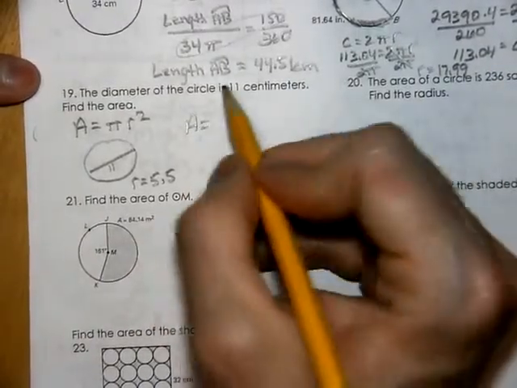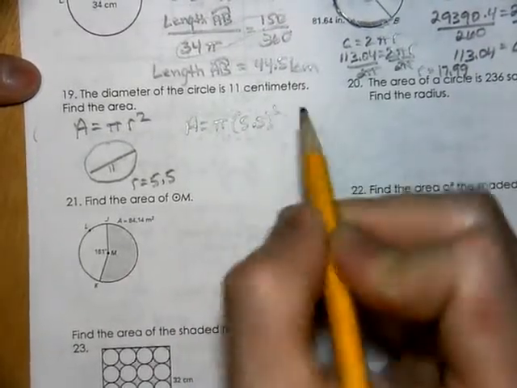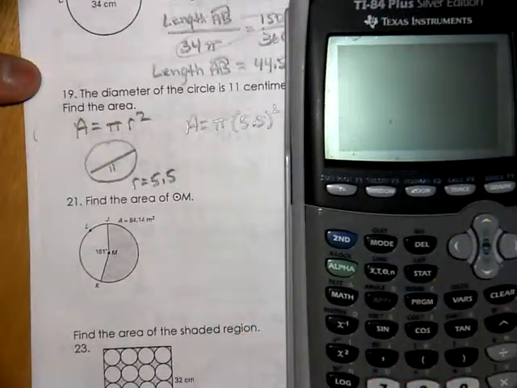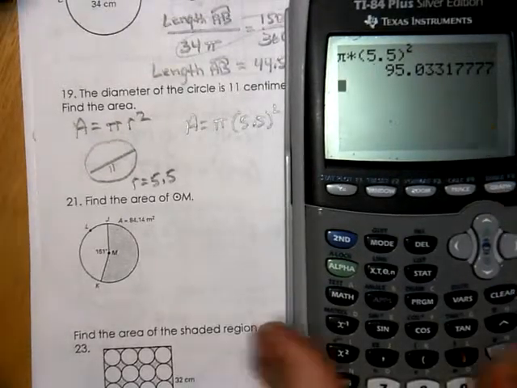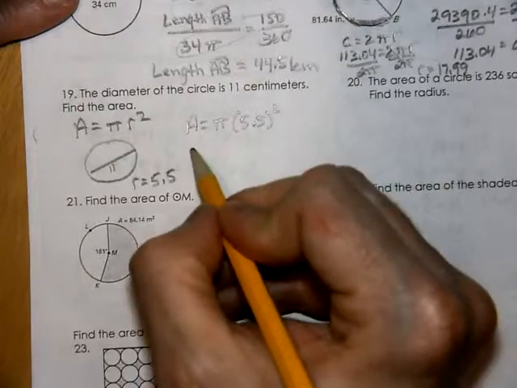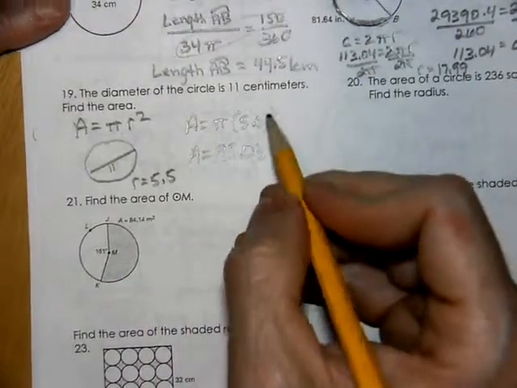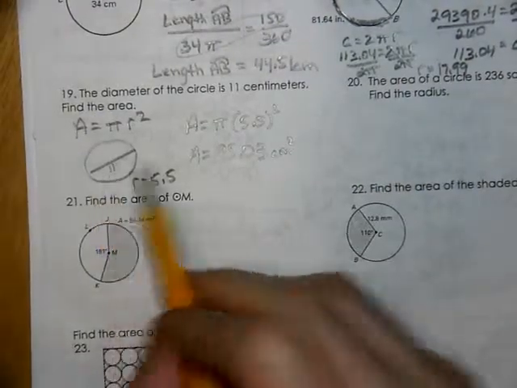So the area is going to be pi times 5.5 squared, which is 95.03. And those are centimeters squared because we're working with area.